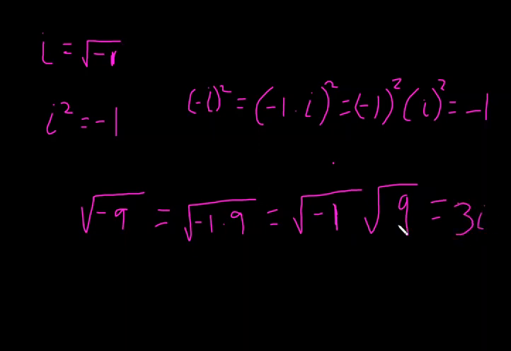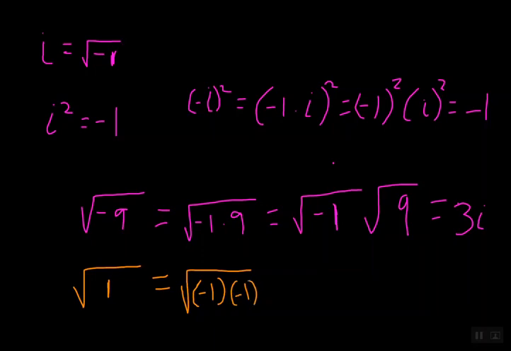Now be careful with this method. Just a quick thing, people get stuck on this a lot. A lot of people will look at the square root of 1, written as the square root of -1 times -1, which works.